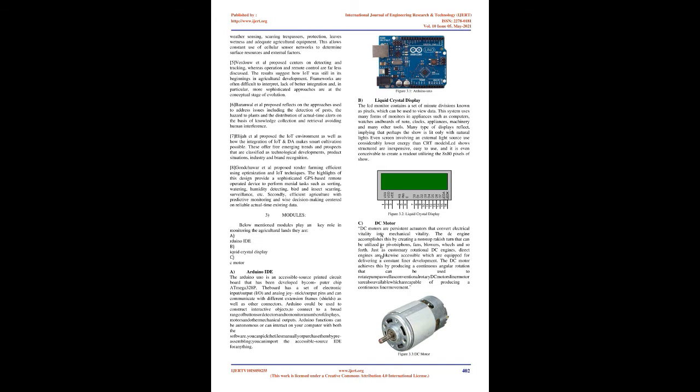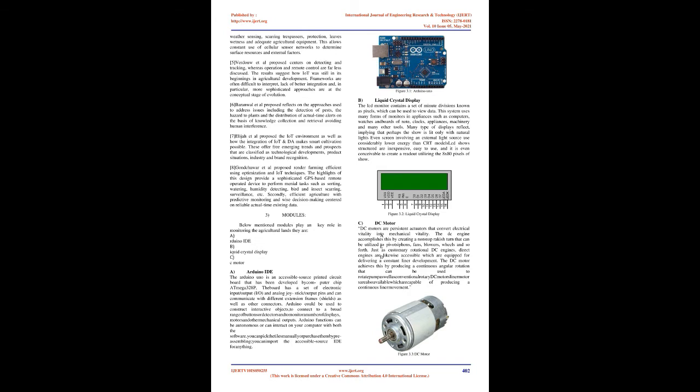Ferdu et al. proposed work that centers on detecting and tracking, whereas operation and remote control are far less discussed. The results suggest how IoT was still in its beginnings in agricultural development. Frameworks are often difficult to interpret, lack better integration and, in particular, more sophisticated approaches are at the conceptual stage of evolution.